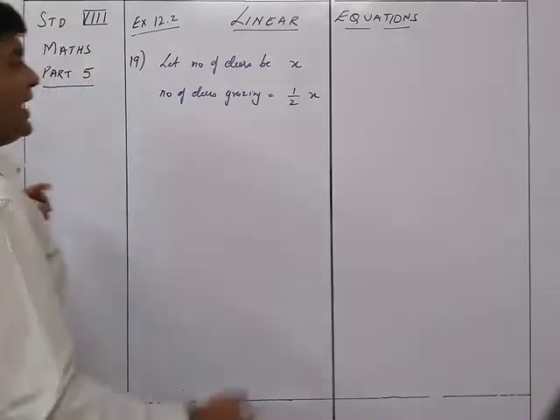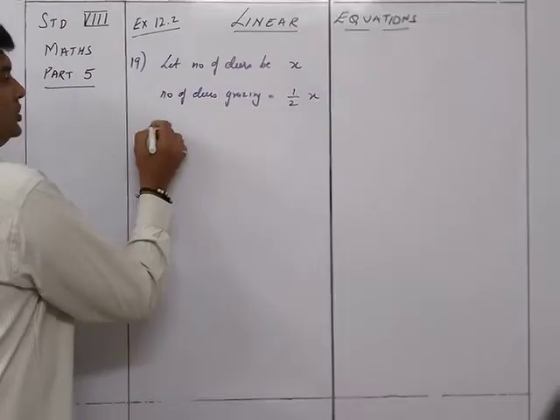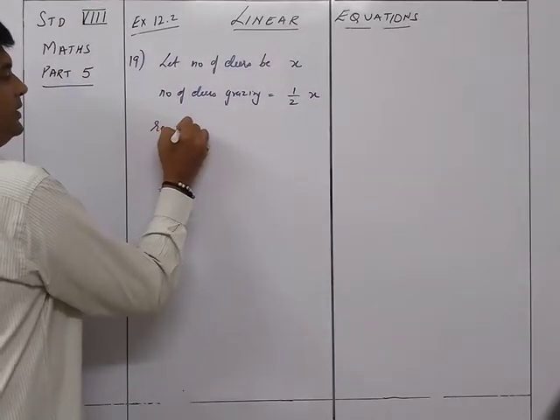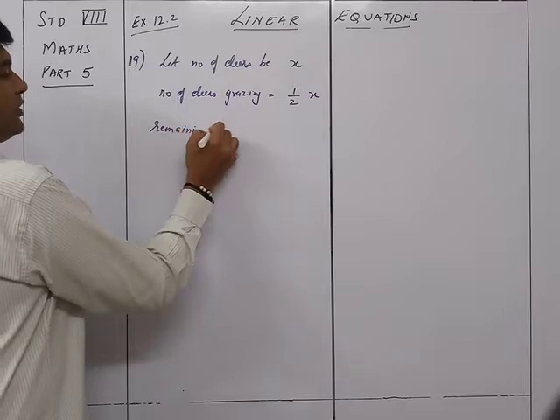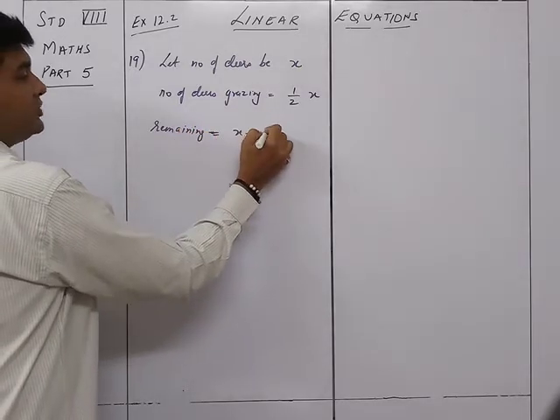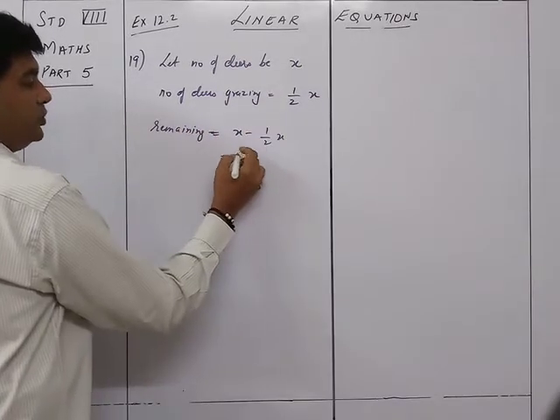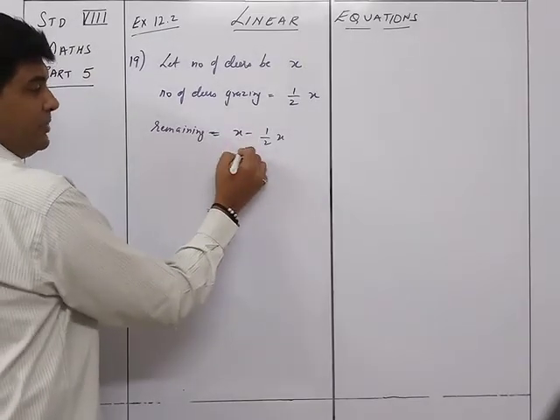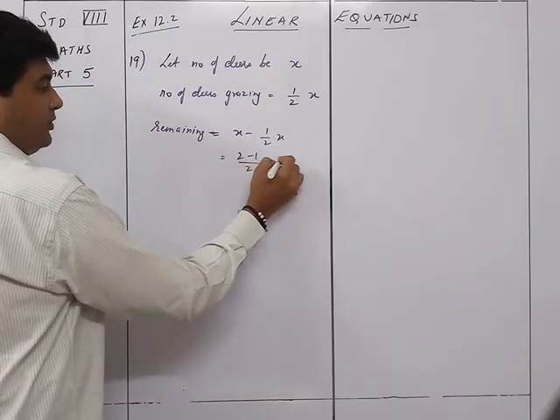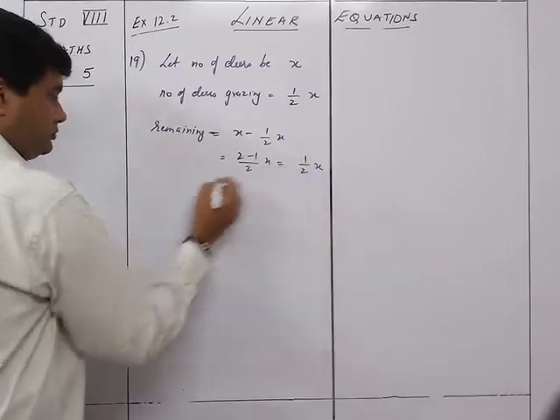Now, if you have half as grazing, then what is remaining? Remaining is equal to x minus 1 upon 2 x, which is, taking LCM, 2 minus 1 upon 2 x, equal to 1 upon 2 x.